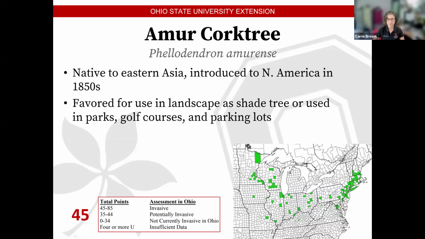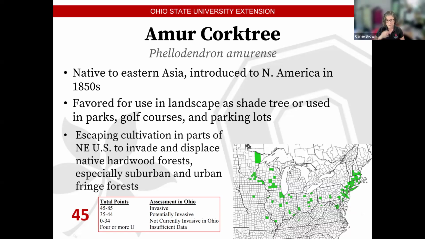Oftentimes this was found in parks, golf courses, parking lots, and it has shown to escape cultivation in parts of the northeastern United States, and is invading and displacing native hardwood forests, especially on the fringes of urban and suburban forests, which makes sense because that is oftentimes where these landscape trees are planted. As you can see, it scored a 45 on OIPC's invasive assessment, which puts it just in that invasive category.